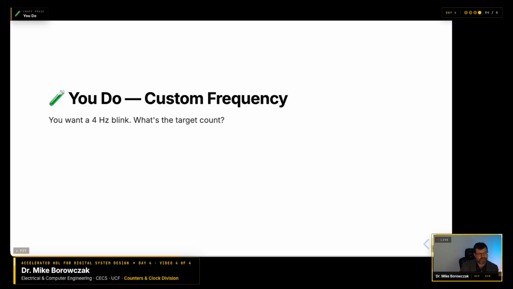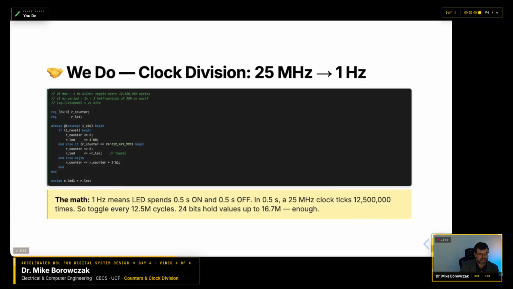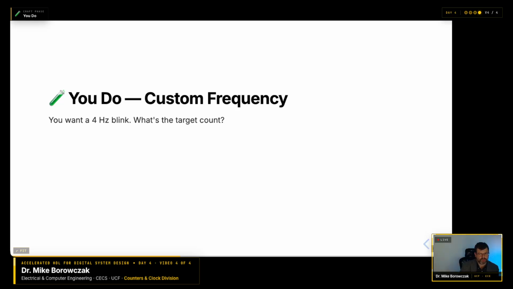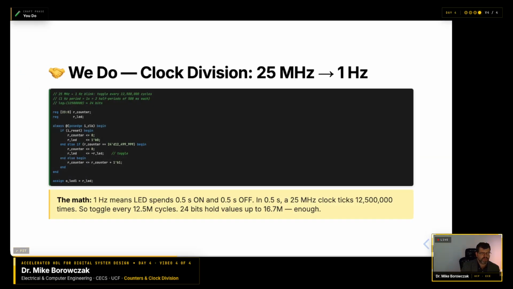That's the hint there, much like we just did with the 1 hertz blink, where half of the time is spent off, the other half on. So same thing here. Can you do it for a 4 hertz blink? Go ahead and give it a try. I will leave this up while you pause the video and see if you can figure this out for 4 hertz.